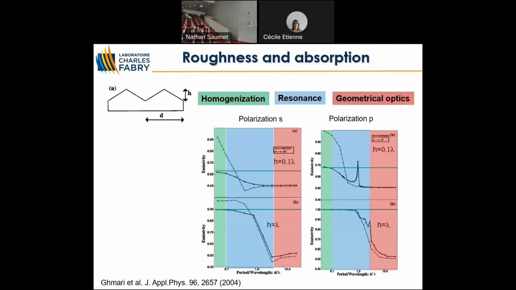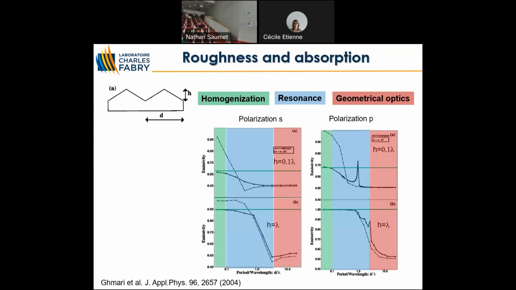You see that indeed for large periods D, they agree. So ray optics is, as you would expect, valid. And here what we learn is how much larger than the wavelength you need to be to be allowed to use geometrical optics. And surprisingly, it's only 2-3 wavelengths. So it's very rapidly quite good. I was very surprised when we did that.